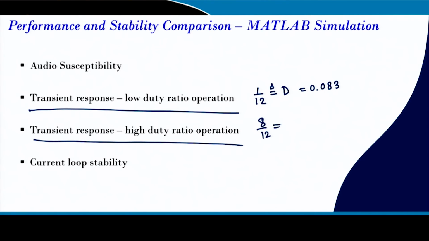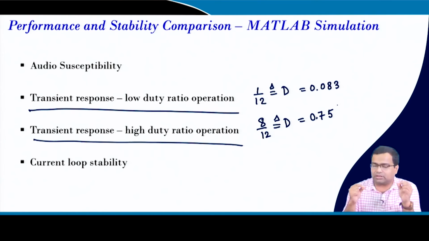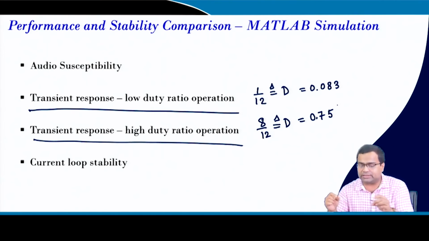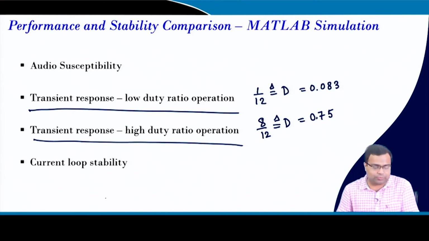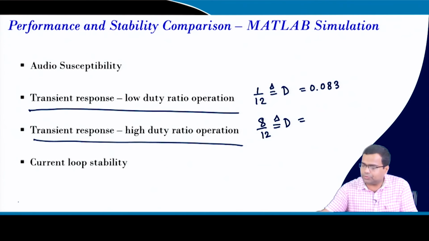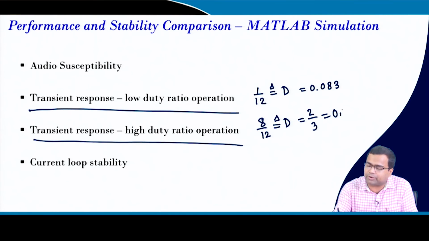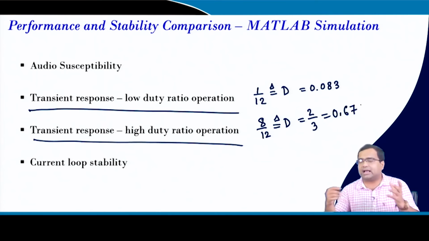In terms of equivalent duty ratio, it will be how much? It is 2 by 3, sorry, not 0.75, I am sorry, it is 2 by 3, which is nothing but 0.67. That means it is higher than 0.5.